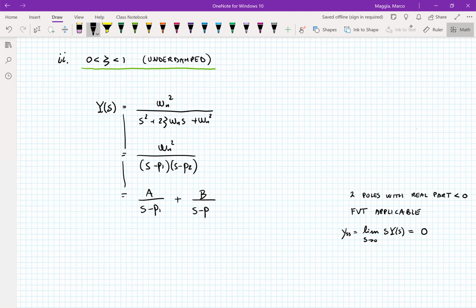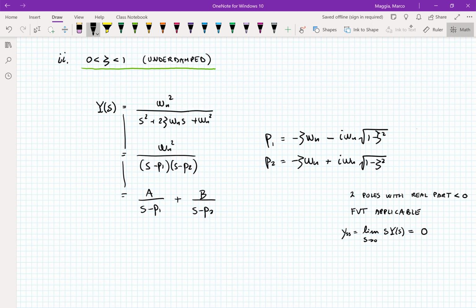And so we need to find the two coefficients, A and B. In this case, p1 and p2, we already know them. And I'm going to take p1 equal to minus zeta omega n minus, and then p2 is going to be the one with the plus. As long as you're consistent, it doesn't really matter which one is which.